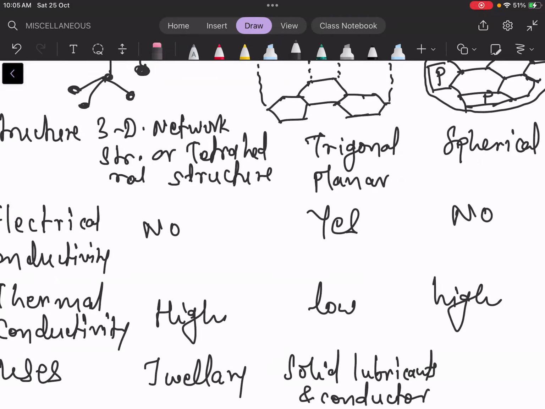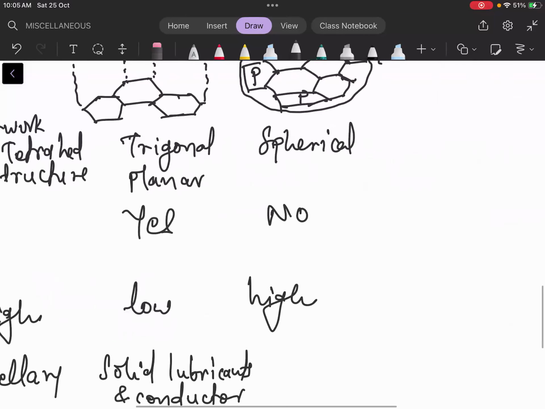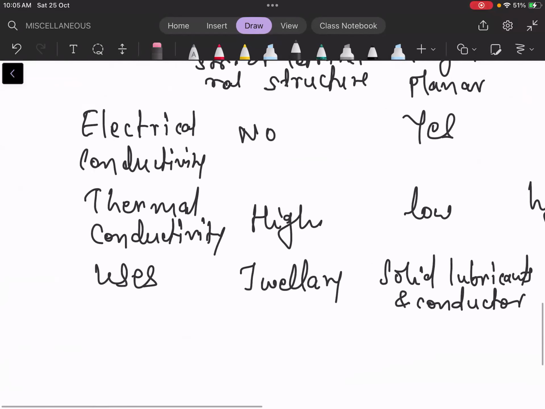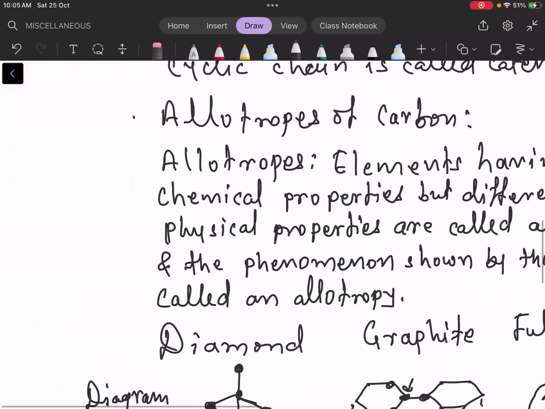Although graphite is a non-metal, it acts as a good conductor of electricity. Fullerene is used to control AIDS, that is acquired immunodeficiency syndrome. Is there any doubt?